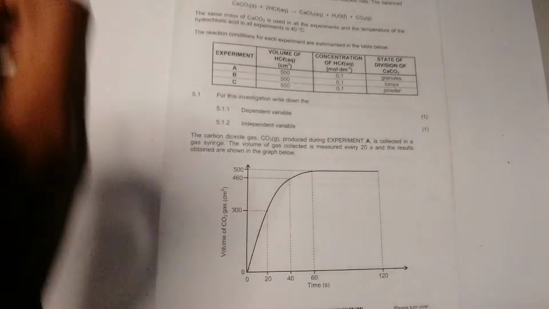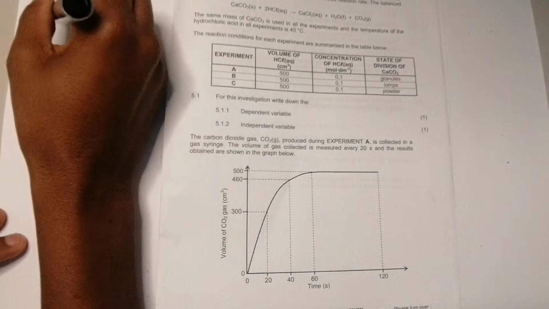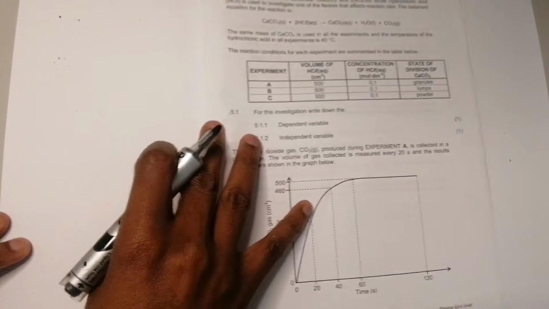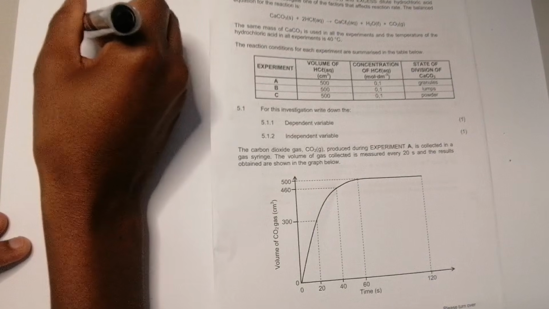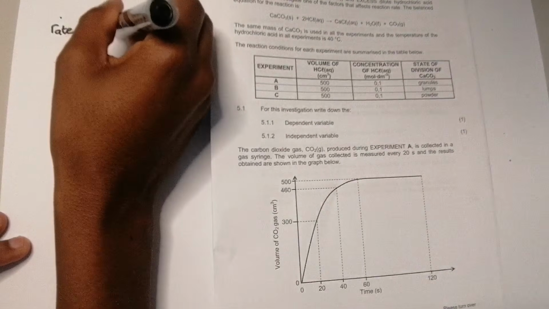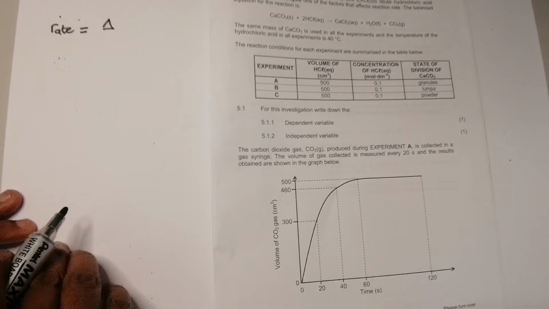Right, so let's calculate that average rate of reaction. So the rate of reaction will be equal to the change. Now please note, they wanted it in cubic centimeters per second.